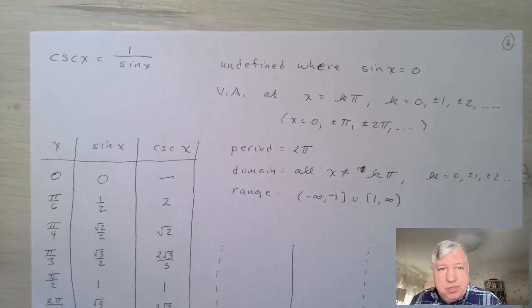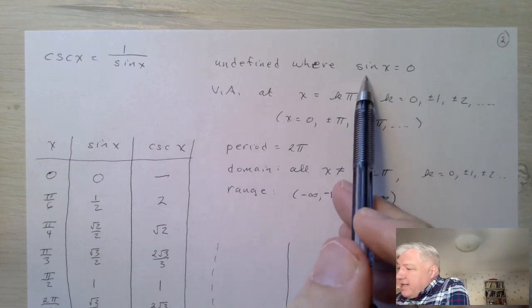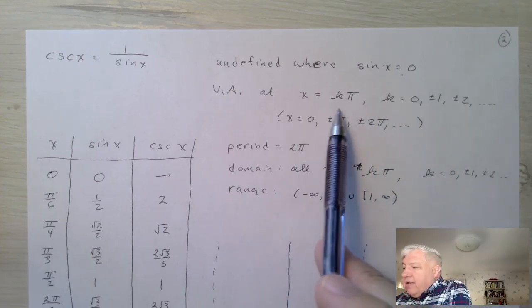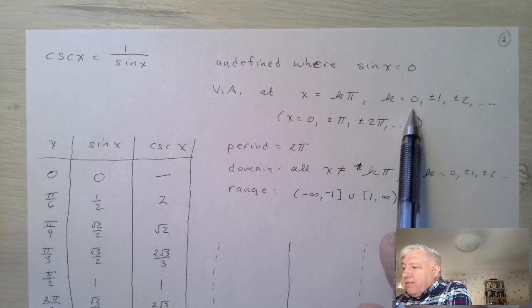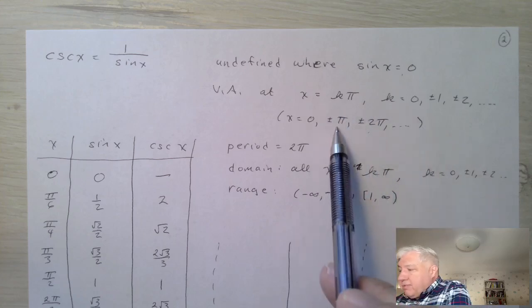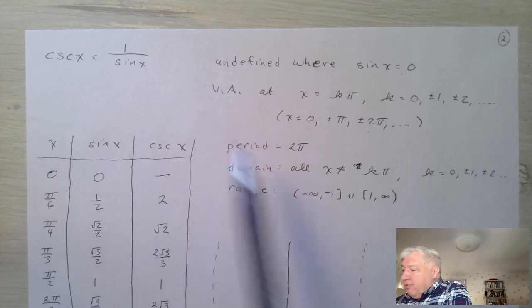The cosecant is, of course, 1 over sine x, and it's undefined where sine x is 0, and we know that sine x is 0 at all the integral multiples of pi, like 0, pi, plus or minus pi, plus or minus 2 pi, and so on. So that's where the vertical asymptotes will be.